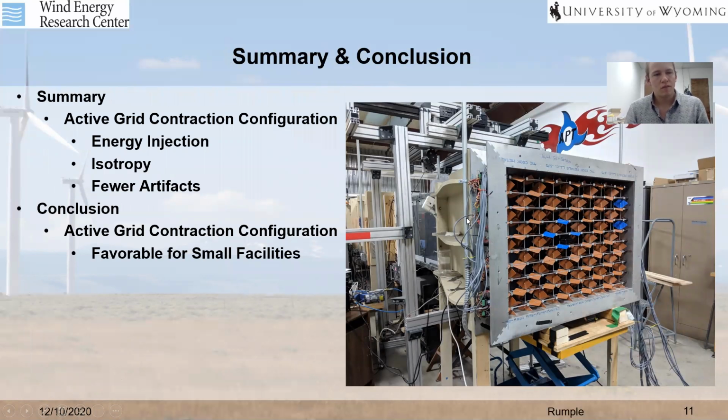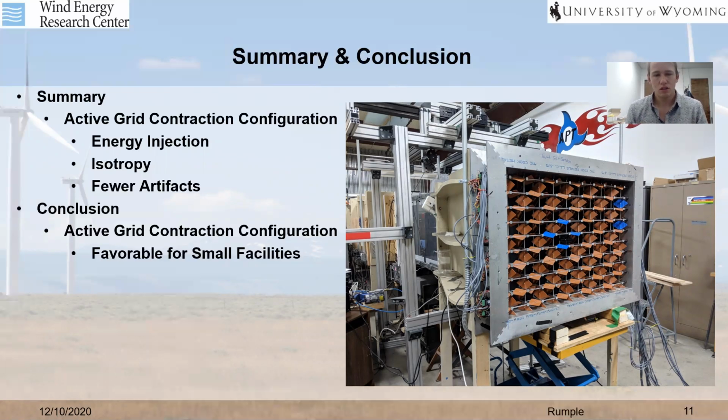So in summary, the active grid contraction configuration demonstrated the ability to inject energy into the TKE at various levels, and it allowed the flow to evolve into an isotropic state with fewer artifacts in the spectrum by the time it reaches the test section.